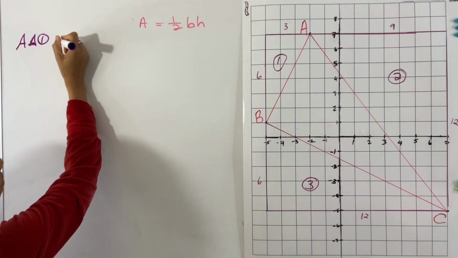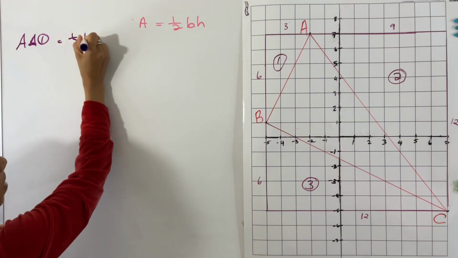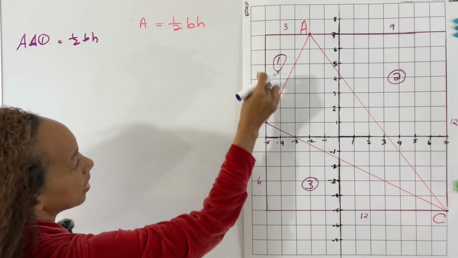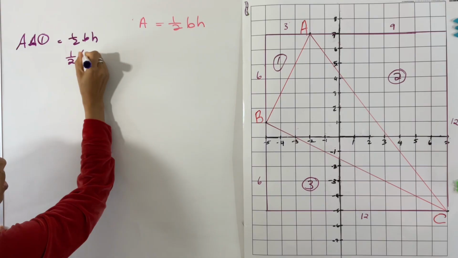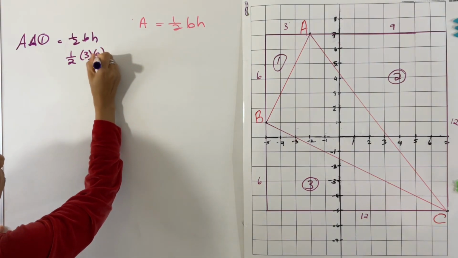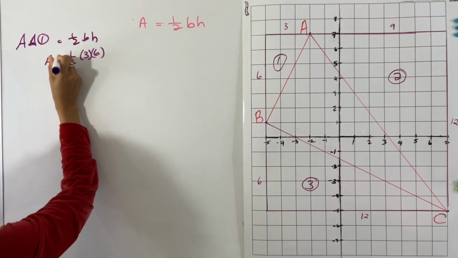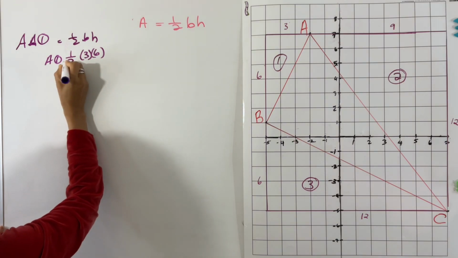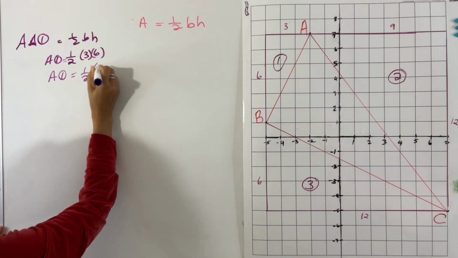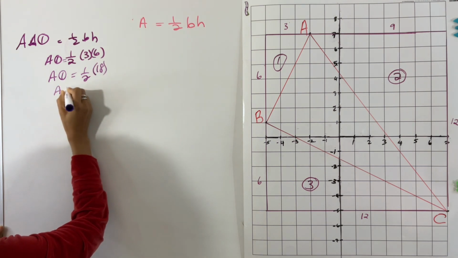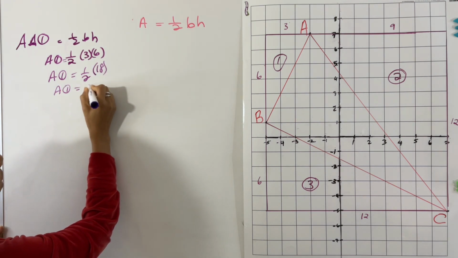We are always going to write our formula, which is half the base times height. The base here is 3 and the height there is 6. Okay? So we are going to work this out, and half of 18 is going to be 9.